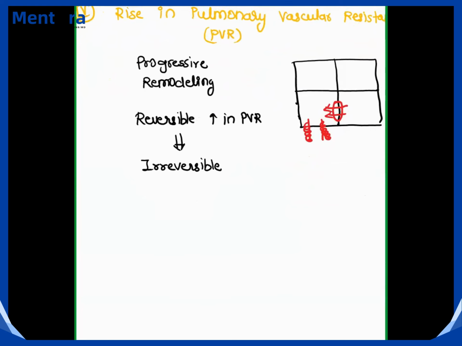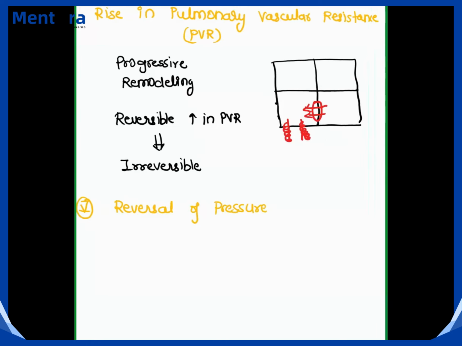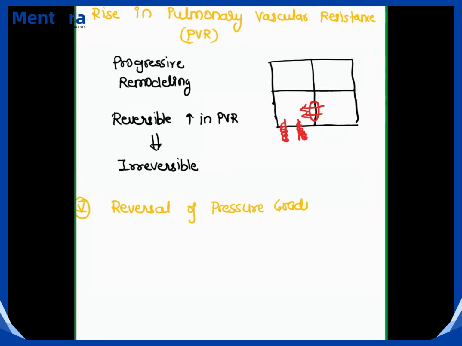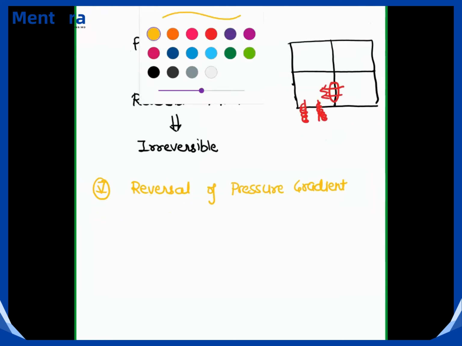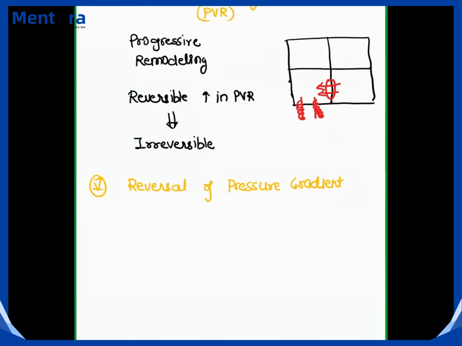Ultimately, there is reversal of the pressure gradient. And this is called the Eisenmenger stage.